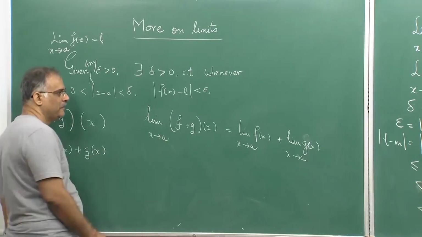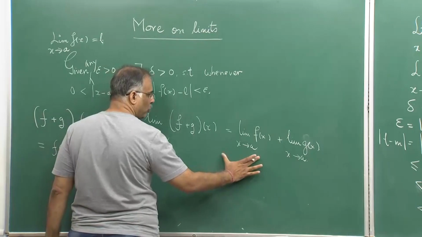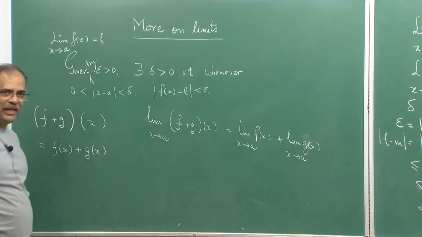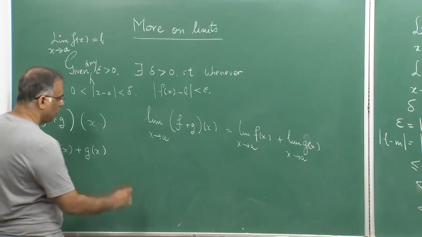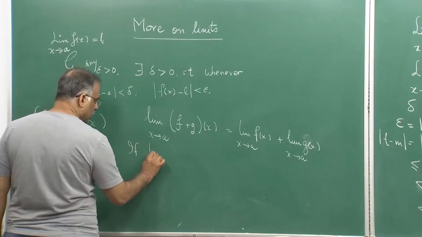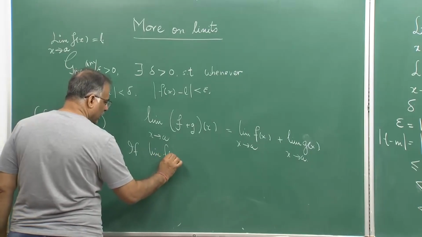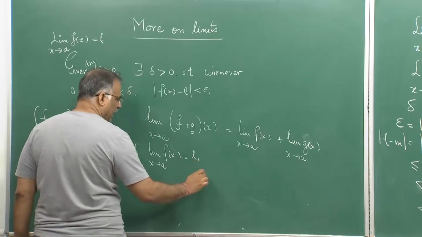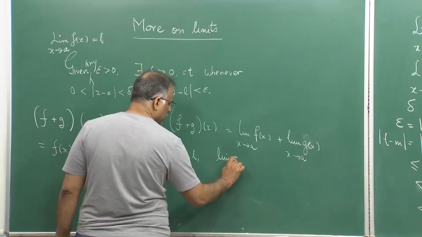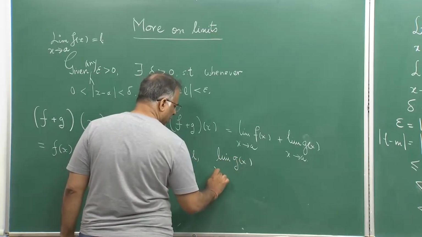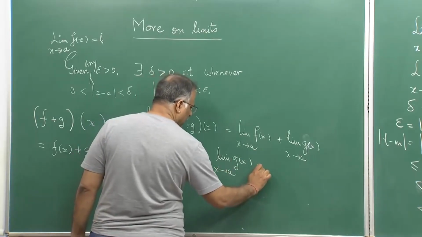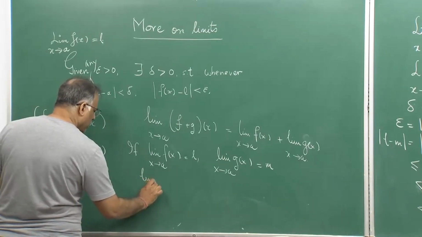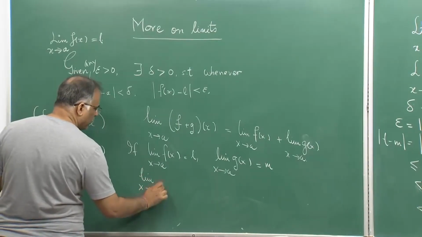Once you do that, you can define this. Now, this is only true if the limit of g and limit of f exist. Now, if the limit of f(x) as x tends to a is L and the limit of g(x) as x tends to a is M, then you would know that of course.